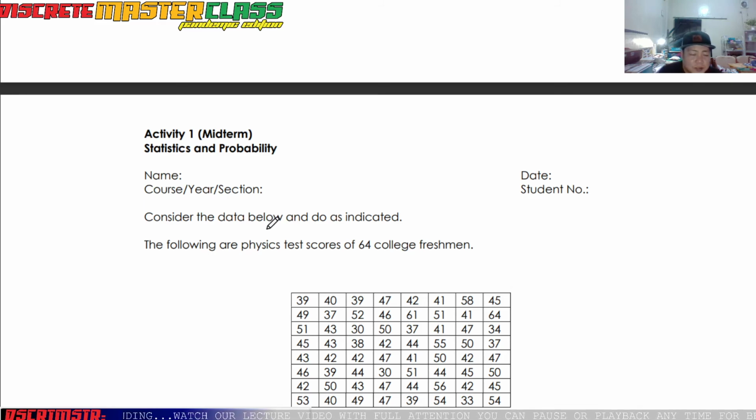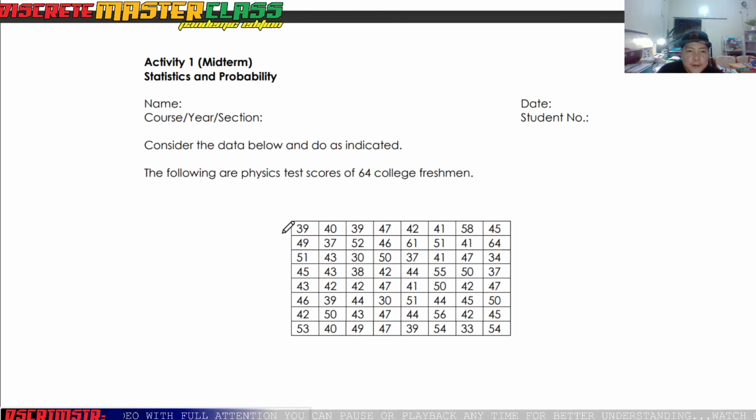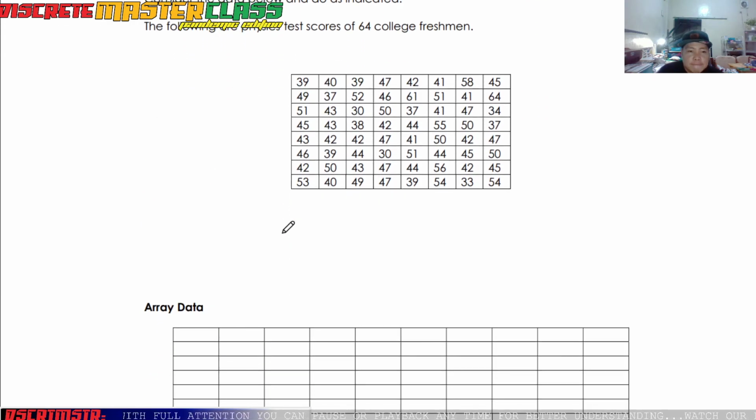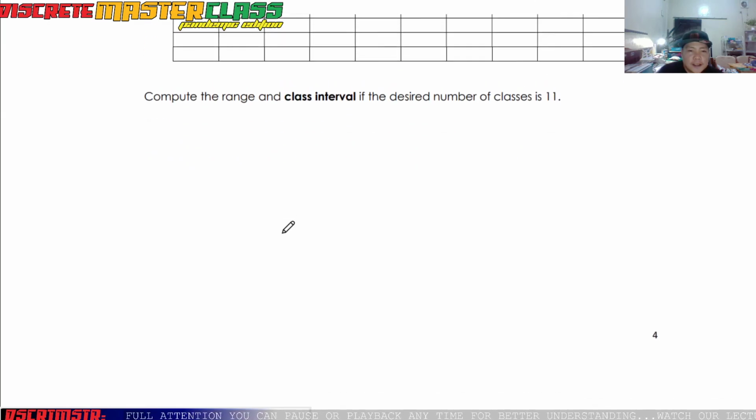So, isusulat mo yan kahit nangopya ka, no? Let's say nangopya ka, kung sinulat mo yan, binasa mo yan. At yung binasa mo yan, may maiintindihan ka dyan.